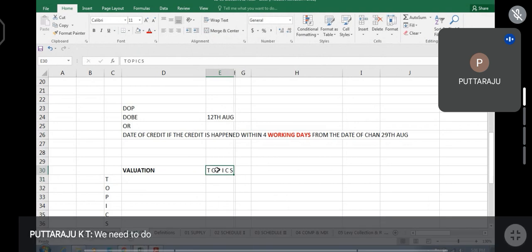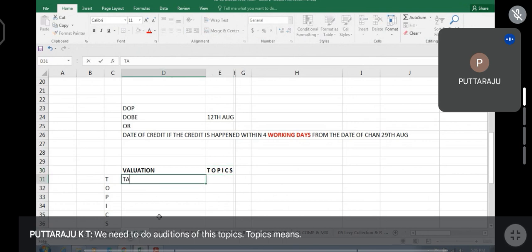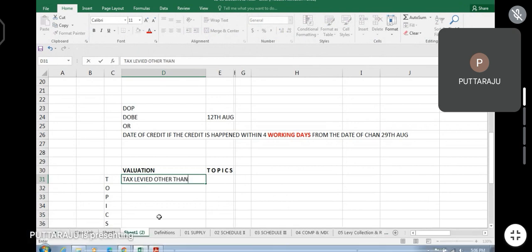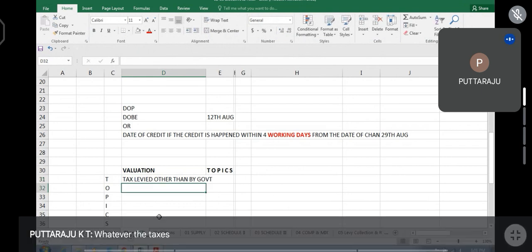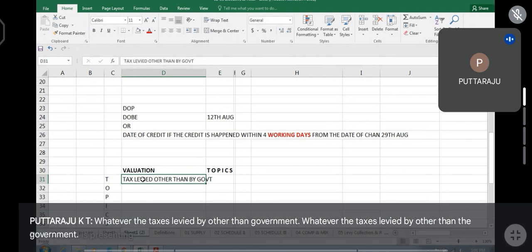do additions of these topics. Topics means taxes levied. Whatever the taxes levied by other than the government, those taxes you need to include.